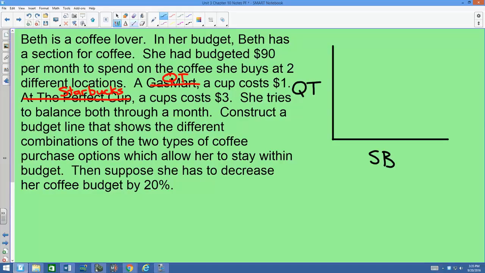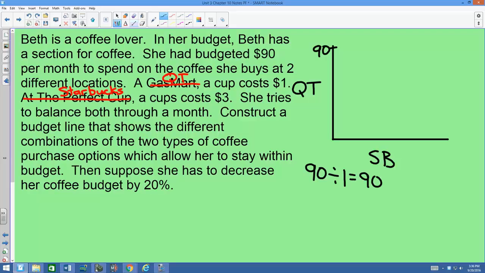So if she has $90 and she goes only to QT, how many cups can she get? $90 divided by 1 is 90.